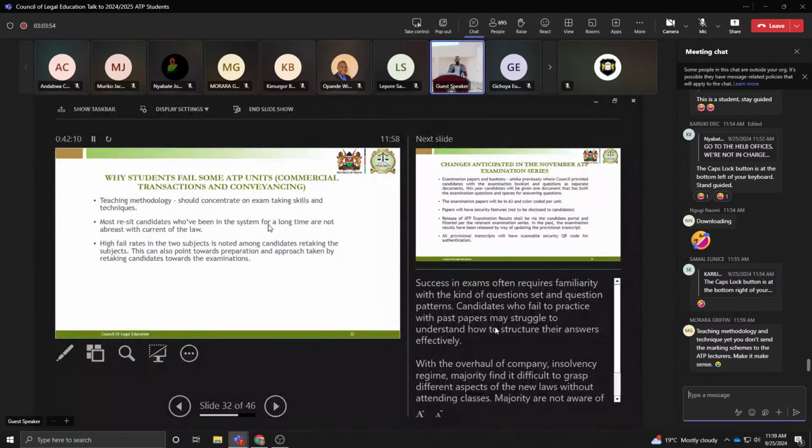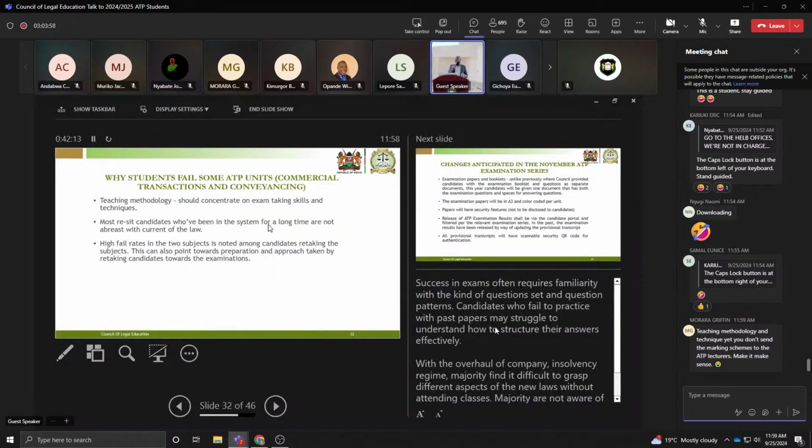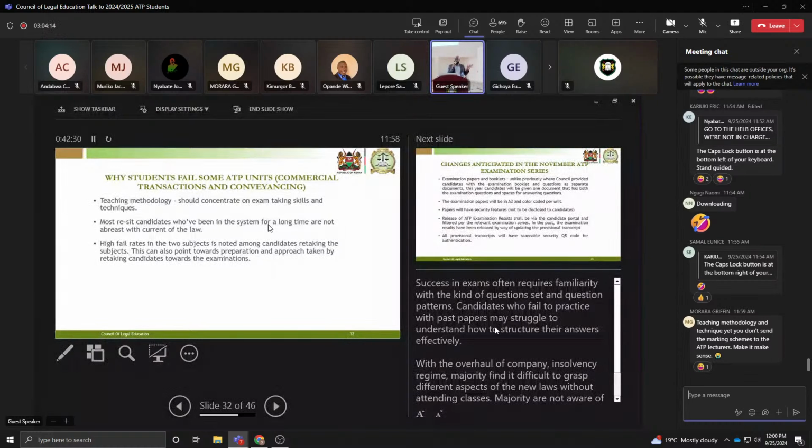There's a year students failed conveyancing because of questions on conversion, because the majority of them had never read anything on conversions. There's a year, the same year also, students failed conveyancing because of sectional properties. When I talked to a number of them, they told me, oh, this area we didn't read because it was new. We believed that no one in their sane mind can set a question on it.